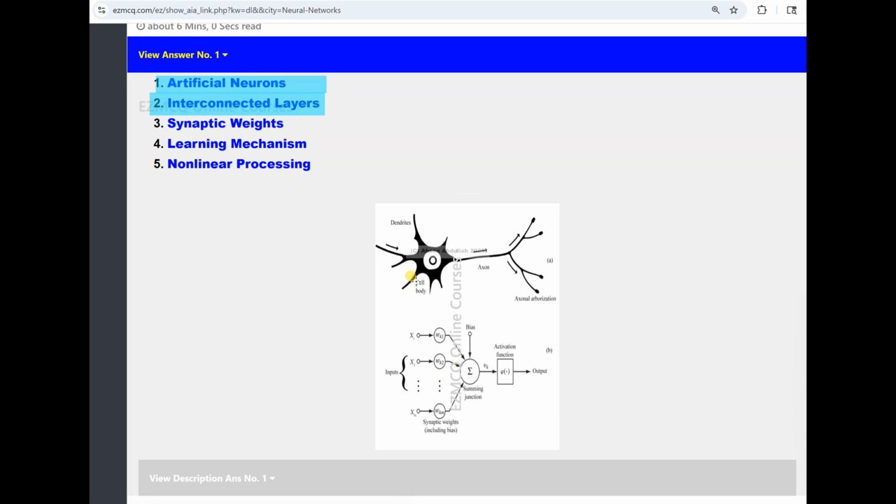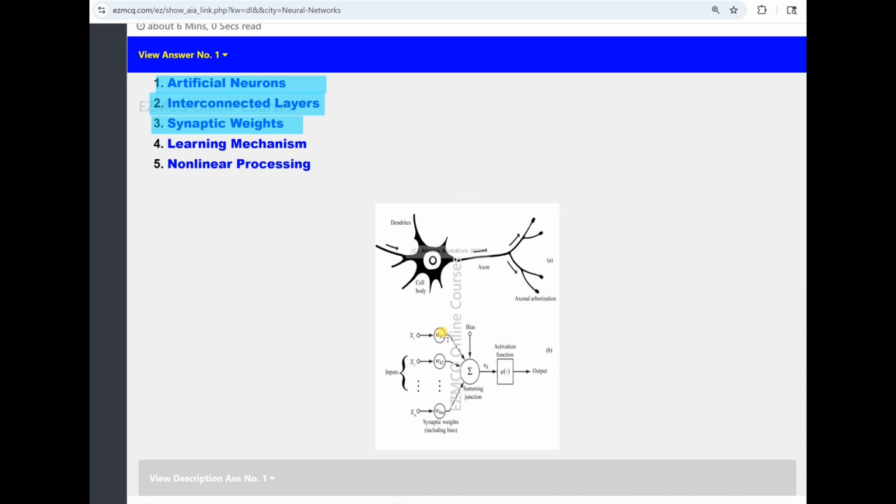Then are the synaptic weights. The weights are on the edges. They control the strength of the connection between the neurons, because this output might feed into a certain input of a neuron. These weights control the strength, and basically this is where the learning takes place.